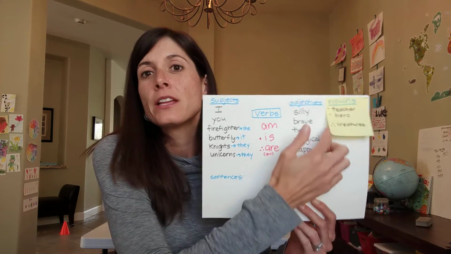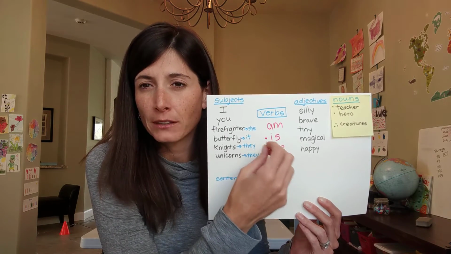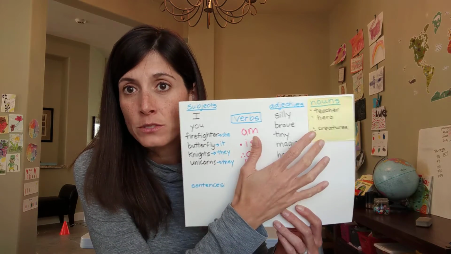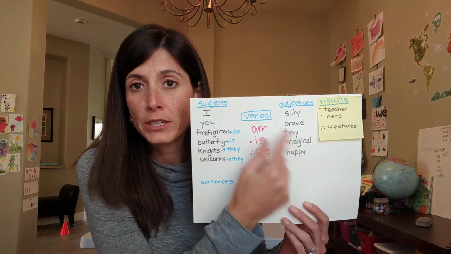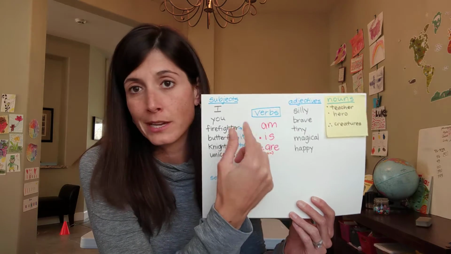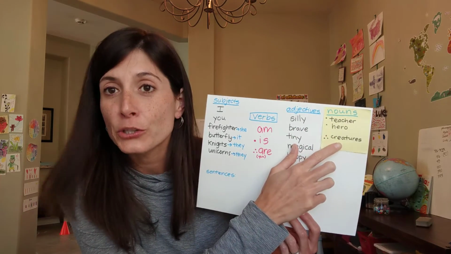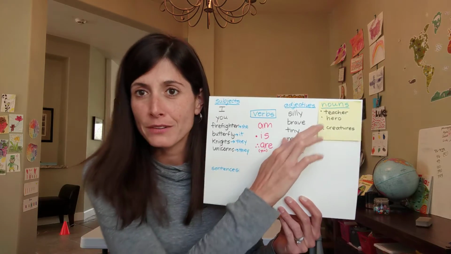That's a noun. So you can go ahead, upper grade, once again, ready for something a little bit harder. You can add some nouns here, to connect to the subject using a to be verb. So it would sound, instead of just silly, like silly creatures or brave hero. We're going to go back to what everyone's doing.